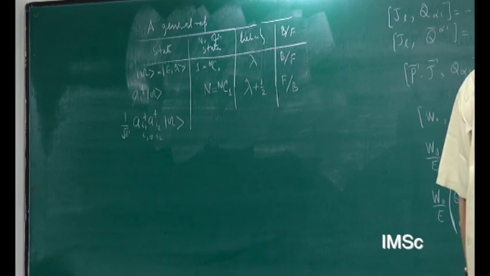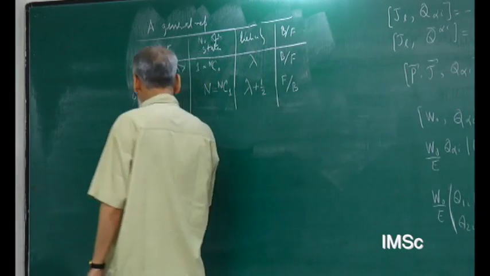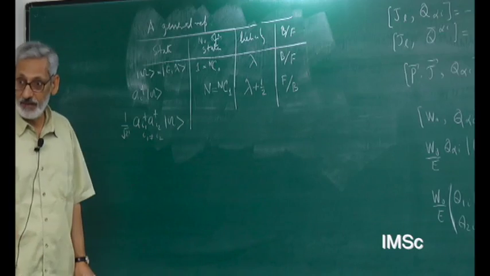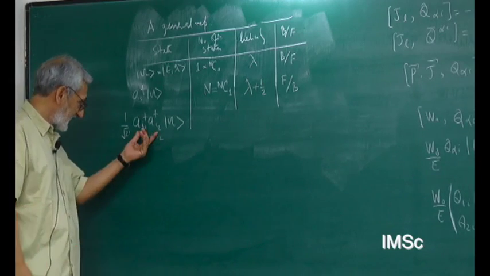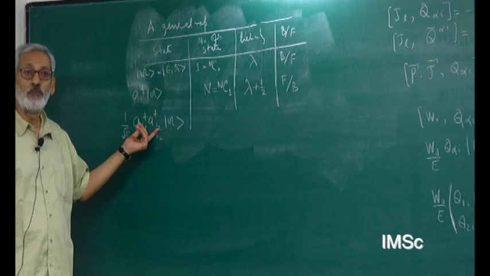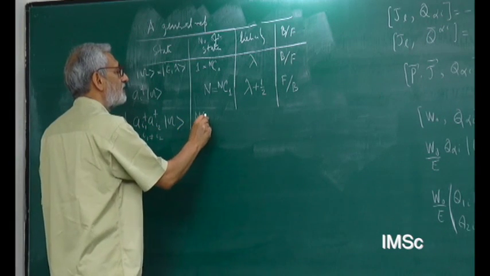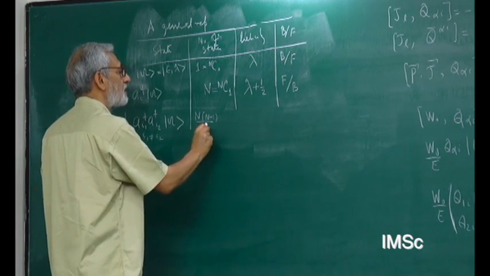Now, how many such states are there? I1 and I2 take these n values. It essentially makes an n cross n antisymmetric matrix. So the number of components of an n cross n antisymmetric matrix is n into n minus 1 by 2.